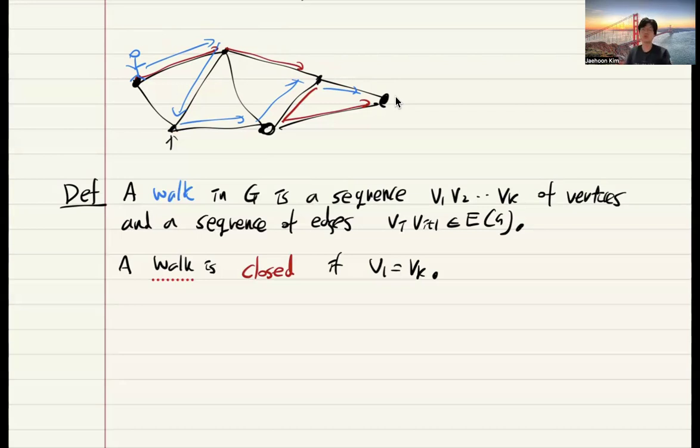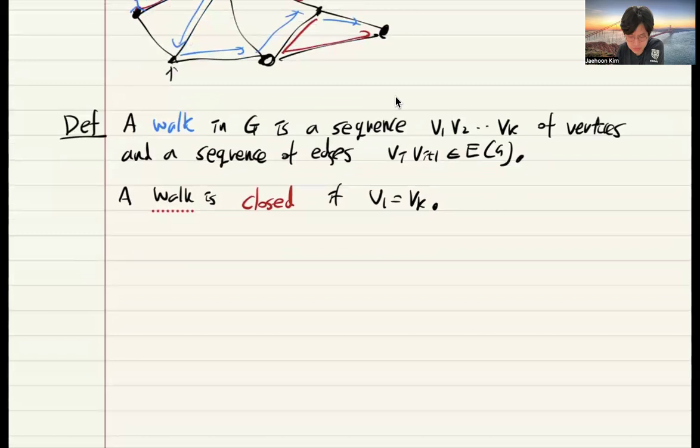So we also want to give a name to those more efficient walks, not just any walk. So we say that a walk is a trail. Maybe let me highlight this with blue.